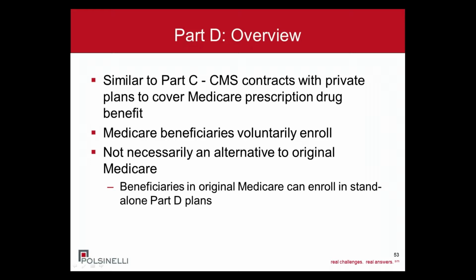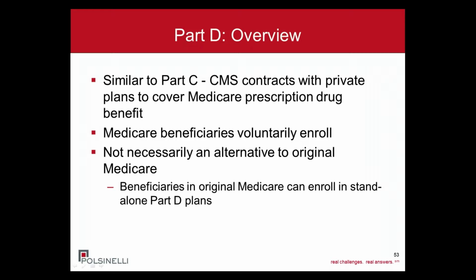There's much more to Medicare Advantage and to Part D than we've been able to cover here, but we wanted to focus on Part A and B and original Medicare because it really forms the basis for understanding Medicare at a fundamental level. But Part D, again, similar to Part C, is where CMS contracts with private commercial plans to provide a prescription drug benefit plan.